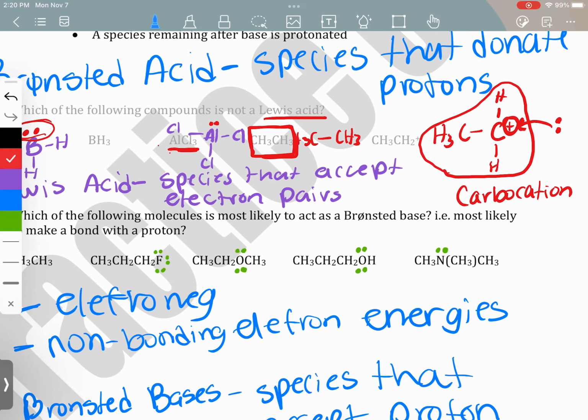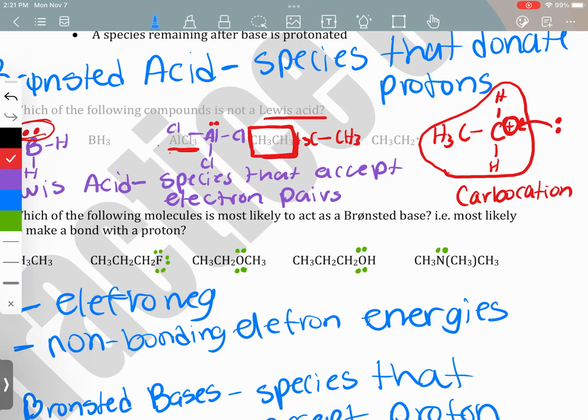Which of these non-bonded lone pairs do you know is very reactive? Is it fluorine? Remember, fluorine is very electronegative, so those lone pairs aren't going to react as much.